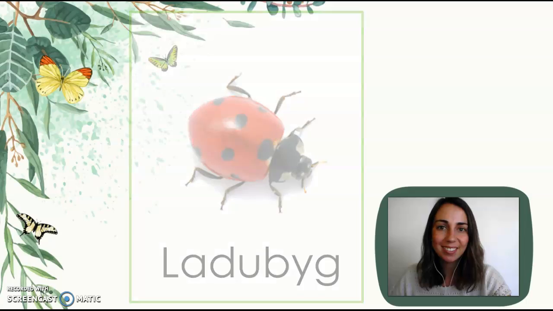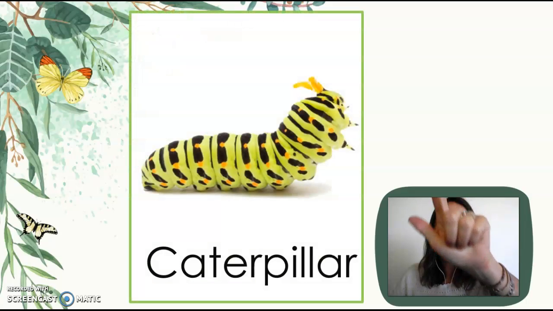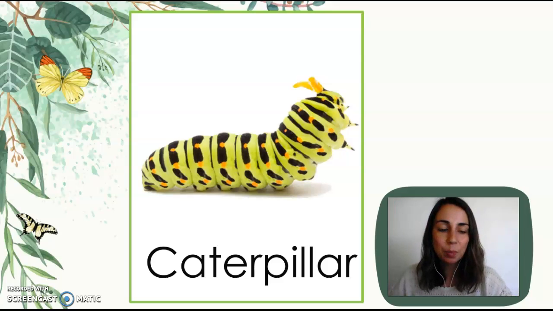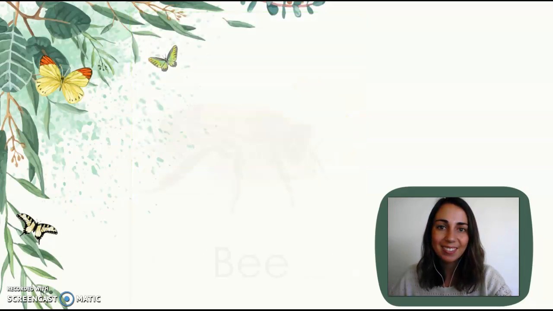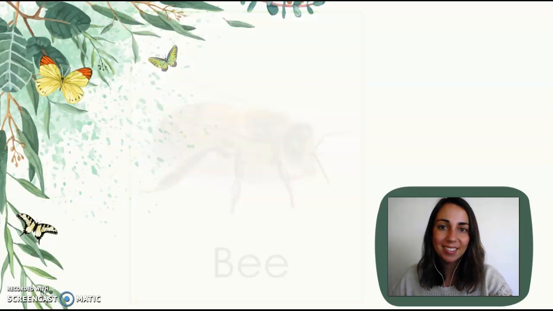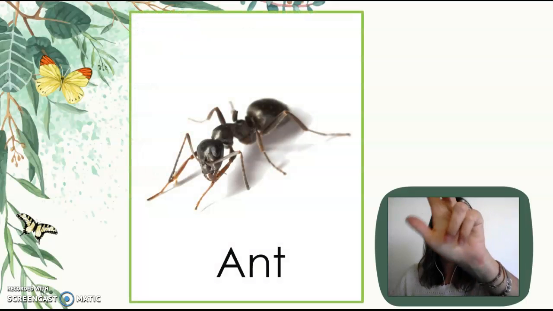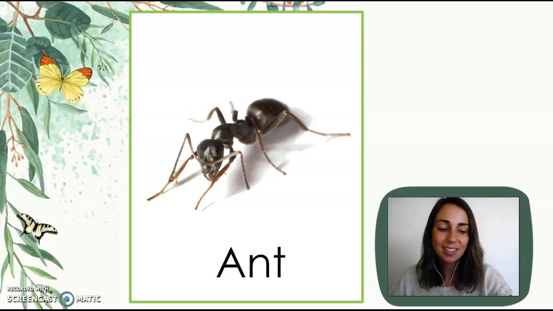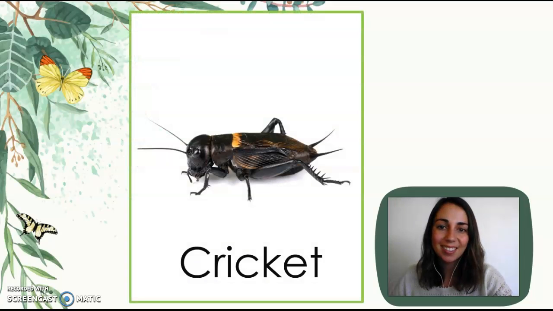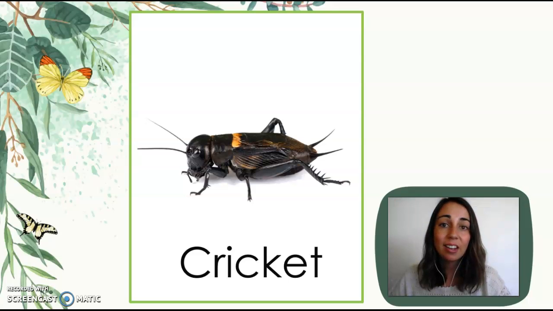Ladybug. Caterpillar. 1, 2, 3. Caterpillar. Bee. 1, 2, 3. Bee. Ant. 1, 2, 3. Ant. Cricket. 1, 2, 3. Cricket.